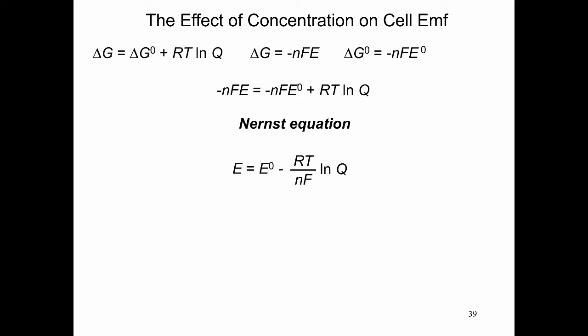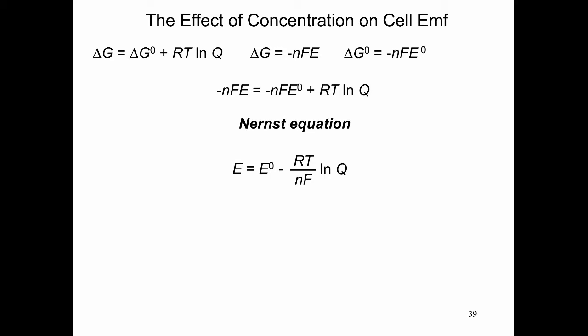What is Q? If you remember the previous equation, this one is similar to RT over NF ln of K, if it's at standard conditions, the equilibrium constant K. Now here is Q. Q represents the ratio of the products over the reactants when not in equilibrium. So K is the ratio of the products over the reactants at equilibrium.